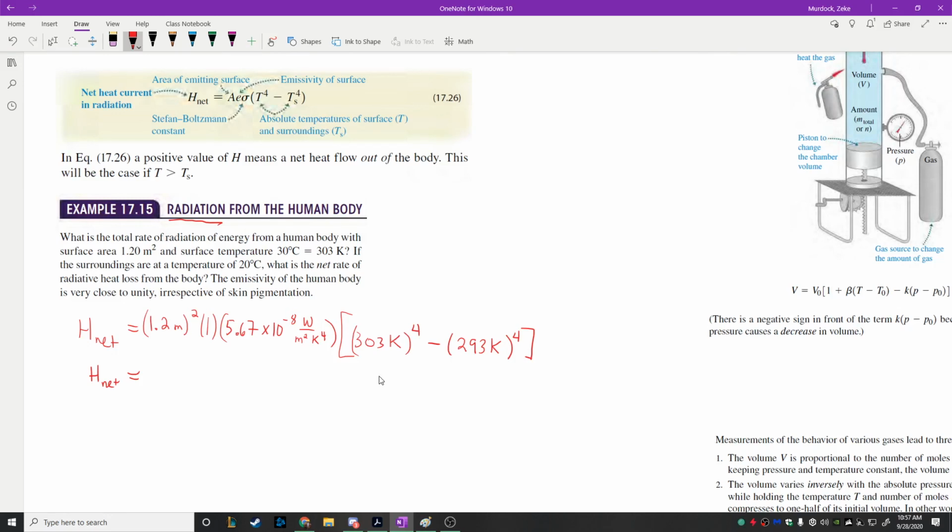Oh, no. That's not right. What's wrong with the equation I just wrote down? Can anyone notice what it is? Exactly. So this should have just been 1.2 meters squared, and then we do that. All right.